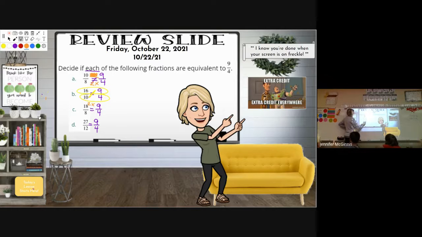And if you do 4 times 2, it equals 8. Or you can divide it, like 8 divided by 2 equals 4. And then 18 divided by 2 equals 9.